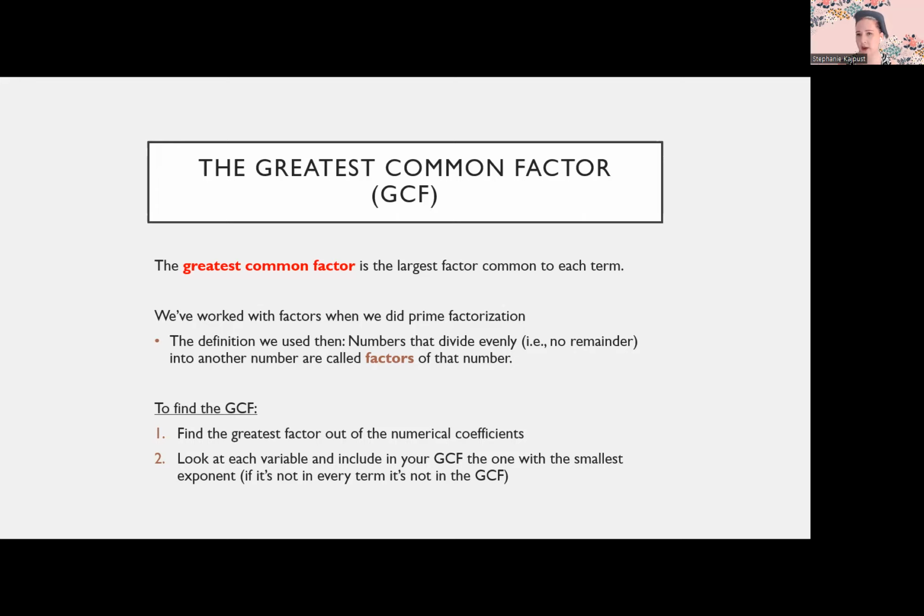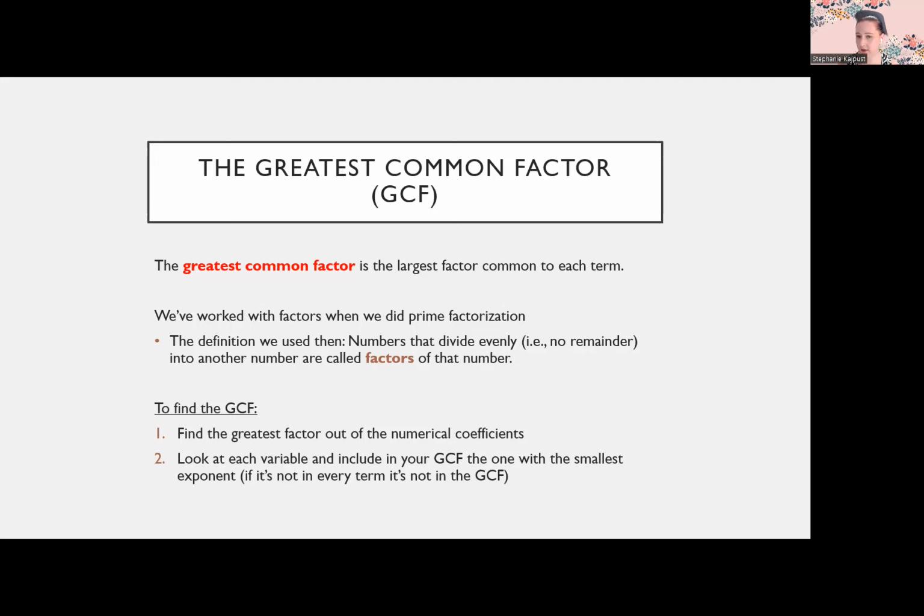You can do that same thing to find the greatest common factor of numbers, because we're thinking of numbers that divide evenly into something else. So these are factors. When we have variables, we're always looking at the exponents. Our greatest common factor generally is going to have a number part and a variable part. It's going to be both. And you have to find it first before you factor.